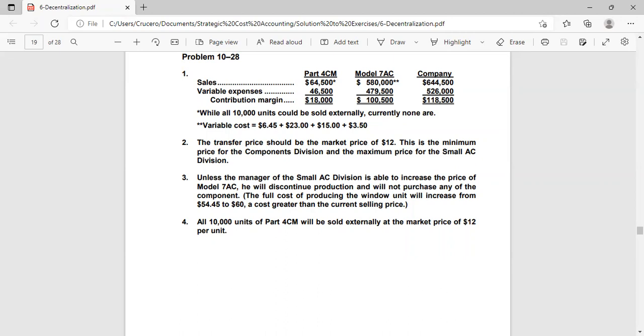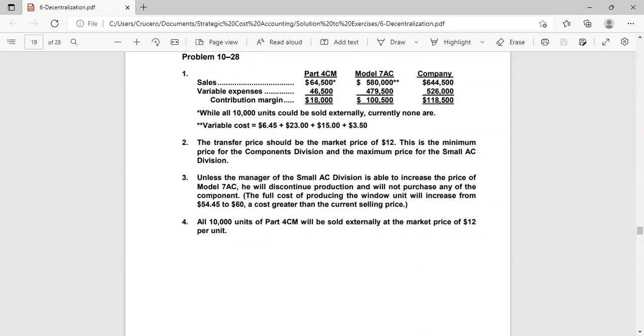As part of her inquiry, she gathered some information concerning Part 4CM used by the small AC division in its production of a window air conditioner model 7AC. The small AC division sells 10,000 units of model 7AC each year at a unit market price of $58.